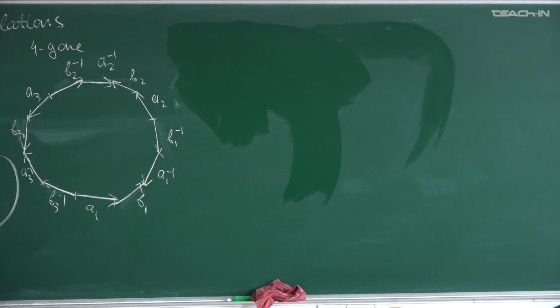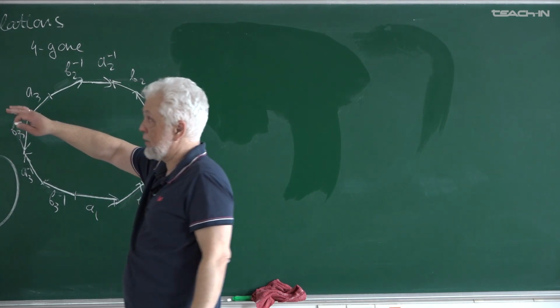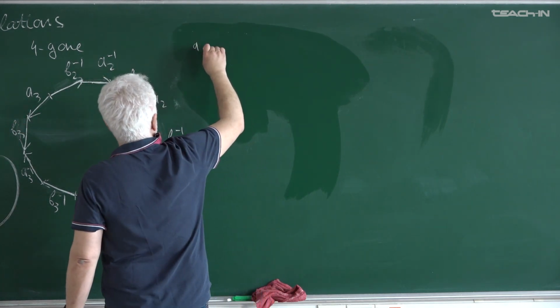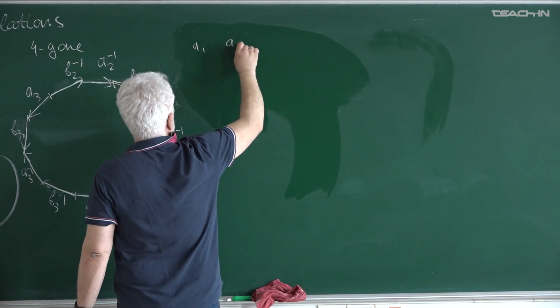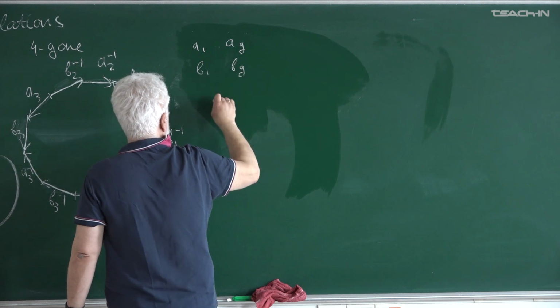Okay. First of all, you know that, first of all, we can calculate the fundamental group of the surface. The fundamental group is generated exactly by 2g generators, A1, ..., Ag, B1, ..., Bg, and one relation.